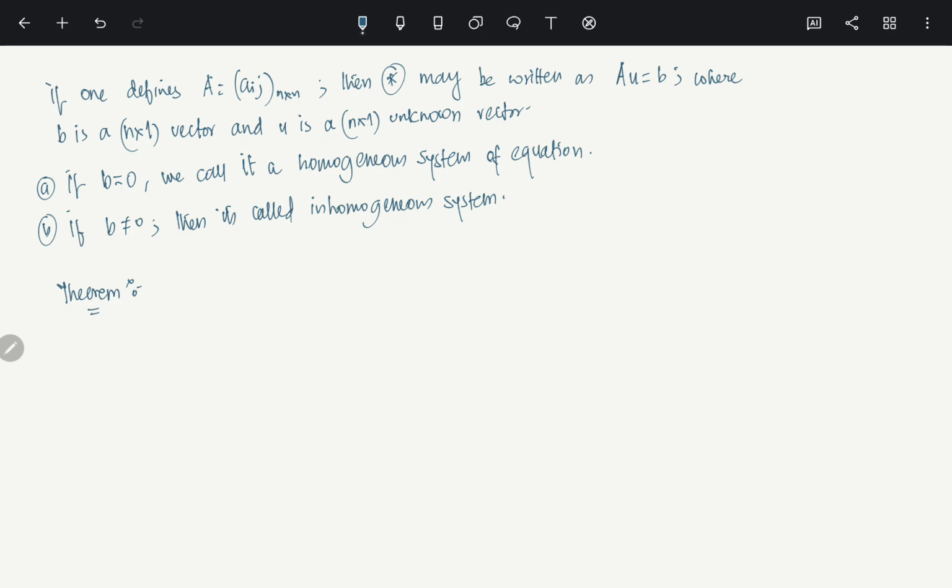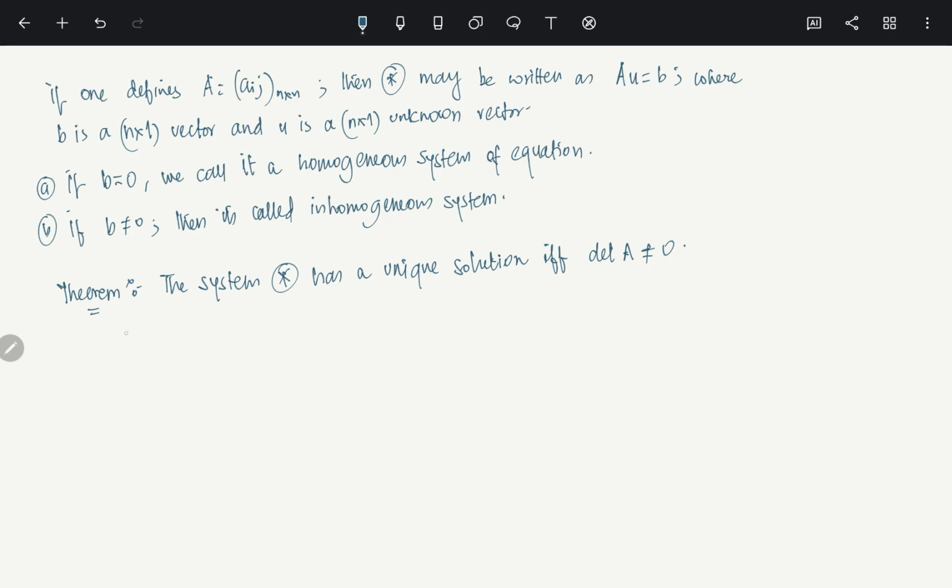The theorem is quite easy to prove. So the system star has a unique solution if and only if the determinant of A is not equal to 0. That is quite true.